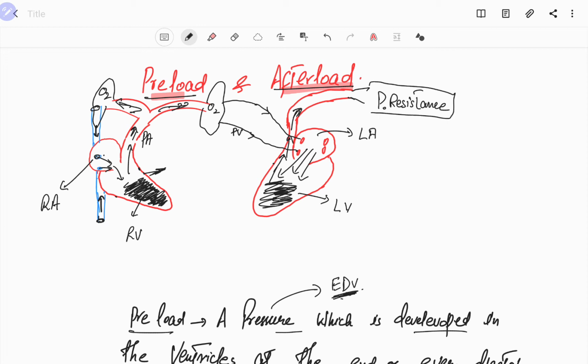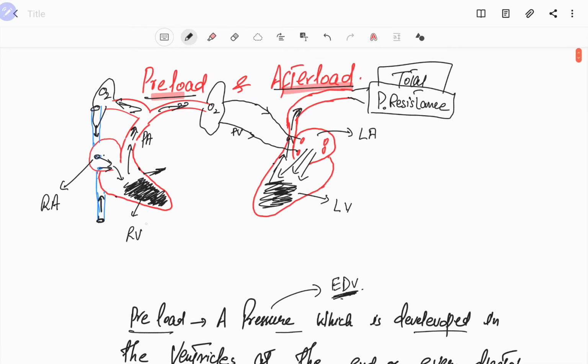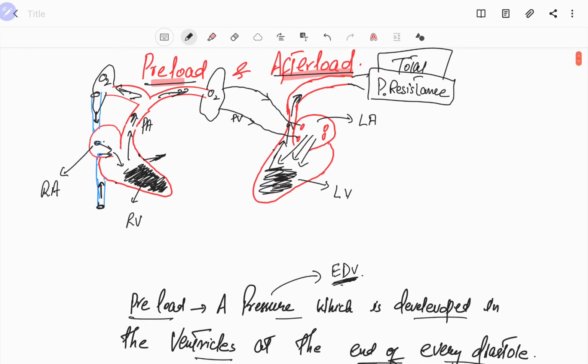So this peripheral resistance, or we can say total peripheral resistance. And same is the case in the right ventricle, where we will call it the pulmonary resistance, like what the lungs, lung capillaries, or little arteries have produced as their force of opposition to the blood going out from the right ventricle.